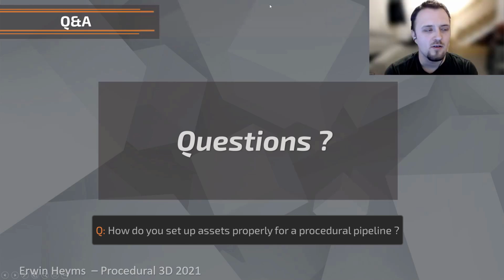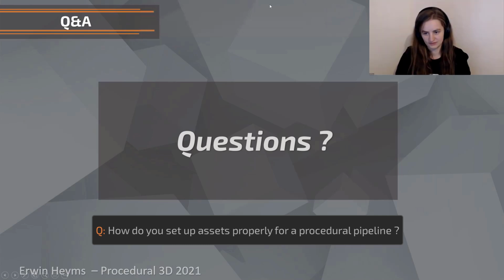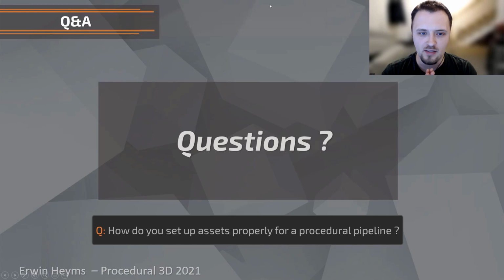Right. It's quite a, well, two questions. Let me answer the second one first, and then we come back to the first one. So the part about setting up assets, it depends. Usually it's just about pivot points and scale, maybe LODs, right? But when it comes to smart props, like assets with more data in them than just a mesh, maybe blueprints, they need to get certain information.